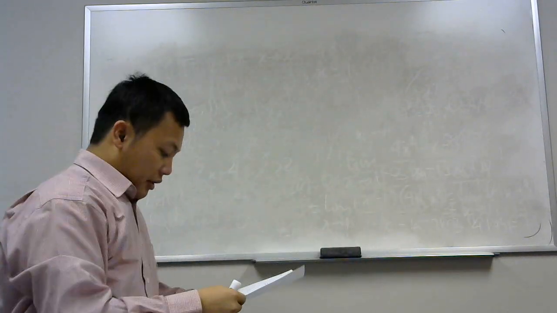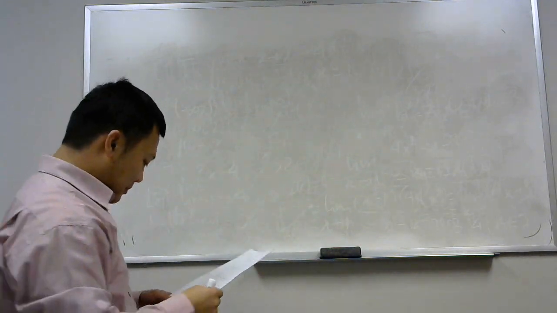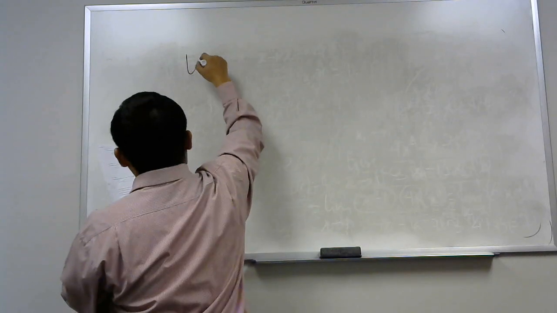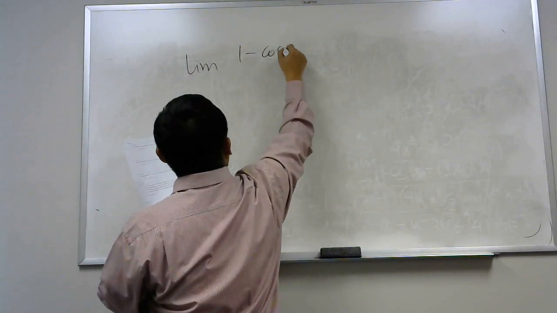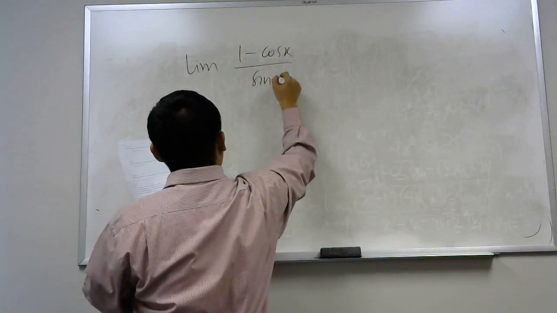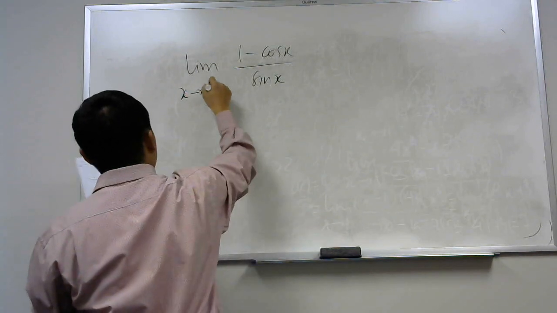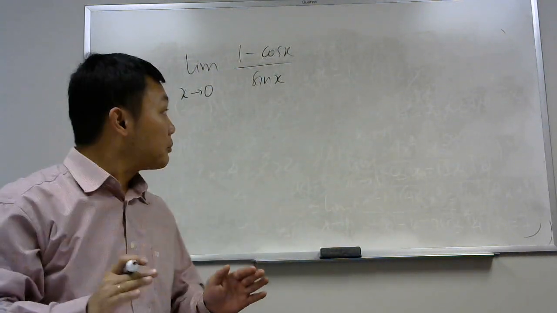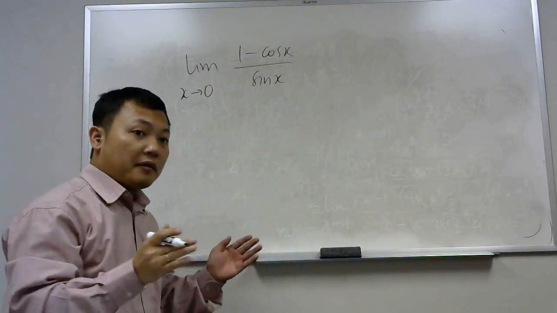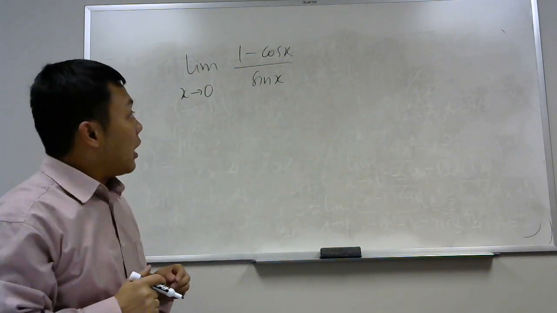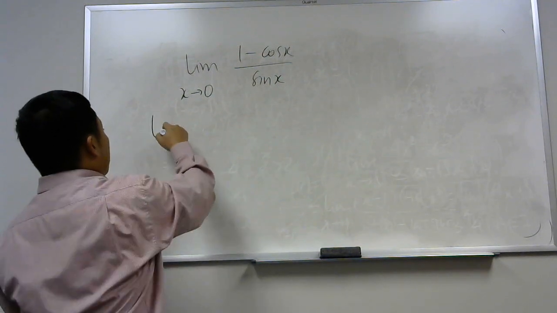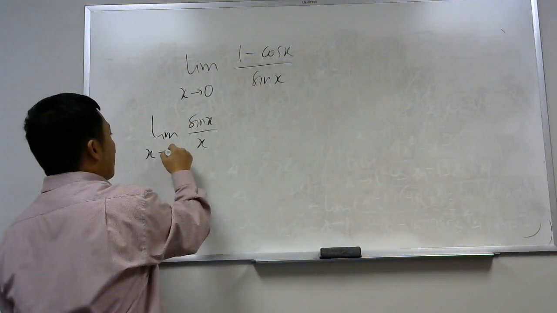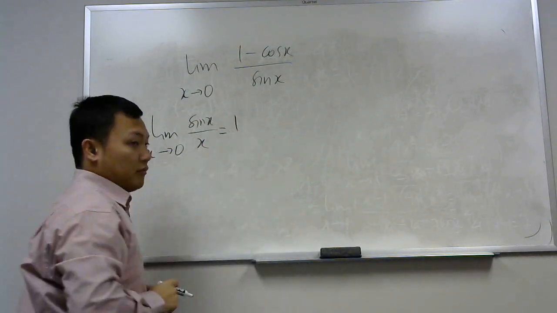So the next question is trig functions. We need to find the limit of 1 minus cos of x over sine of x when x goes to 0. So for trig functions, I would remind you of a very special limit, that is the limit of sine of x over x when x goes to 0 equals 1.